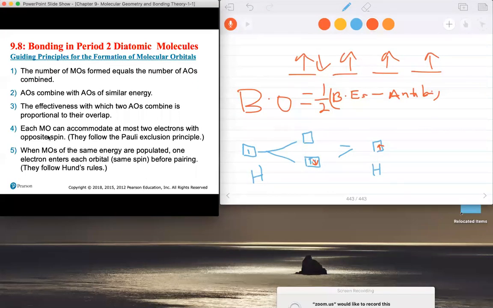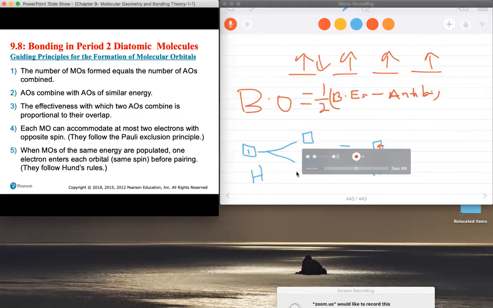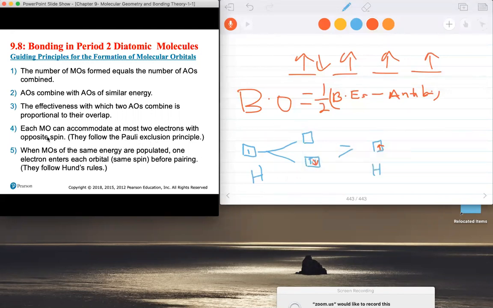Here you should recall Pauli's exclusion principle. When you put electrons in the same orbital, they should have opposite spin. Opposite spin, it cannot have parallel spin. And when you have degenerate orbitals, they are singly occupied first before you start pairing them up.